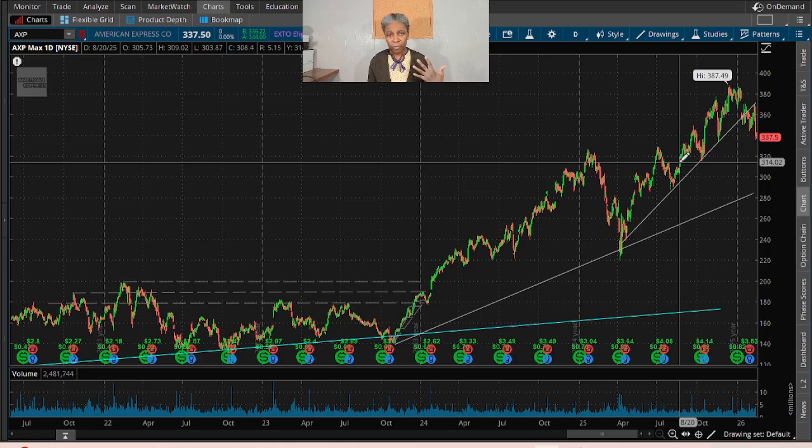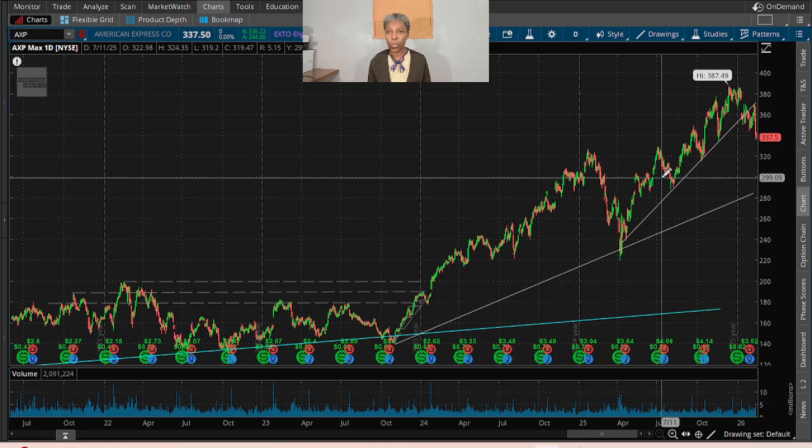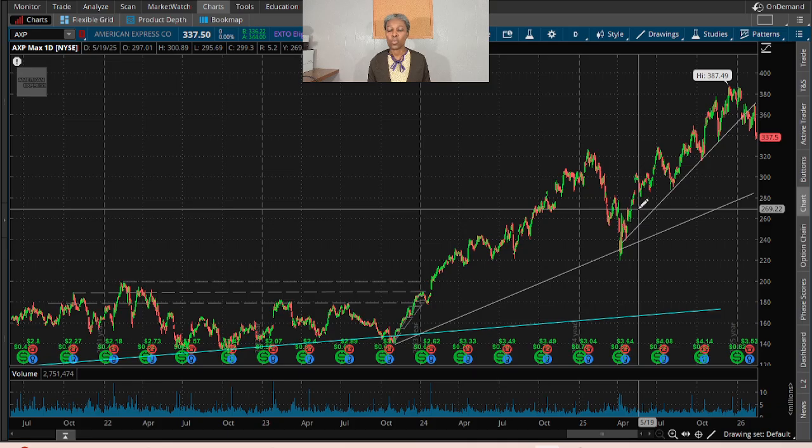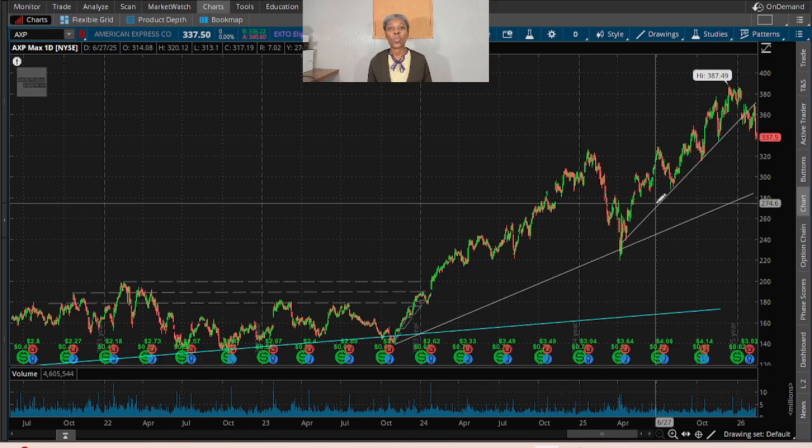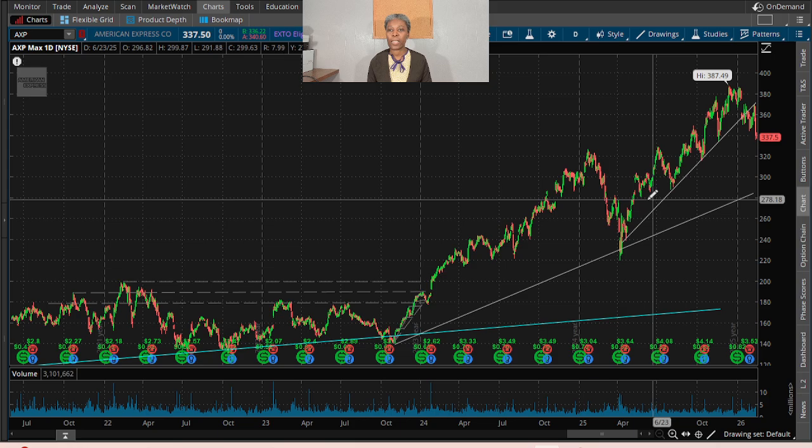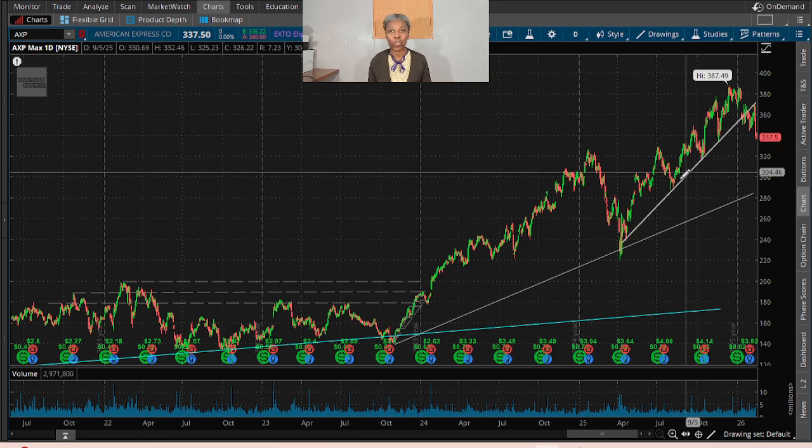I tend to trace my support line oblique, but you can trace a support line to be horizontal as well. I tend to use an uptrend and swing trading strategy, and based on that strategy, I trace my support line to be oblique, and I look for those higher lows.